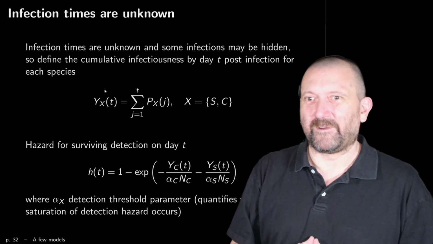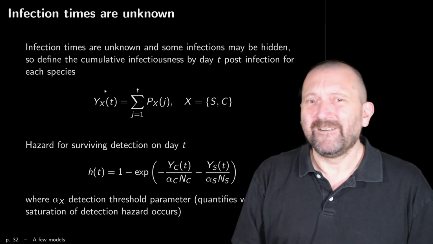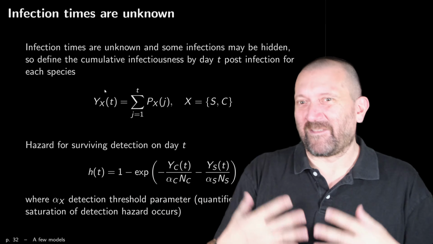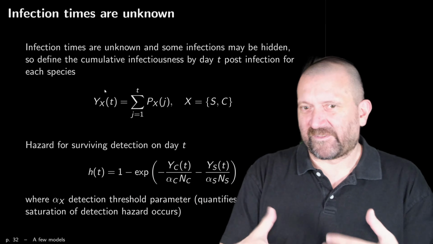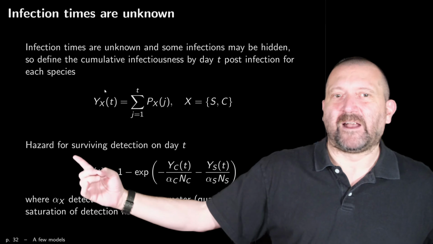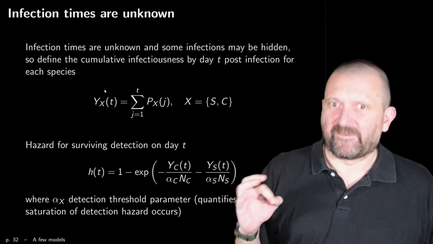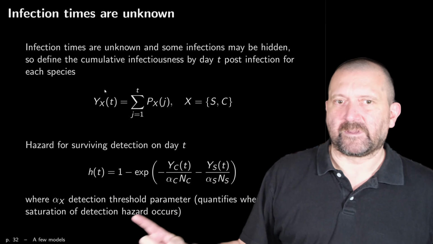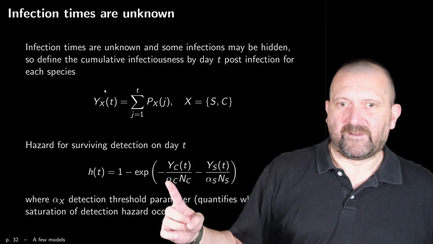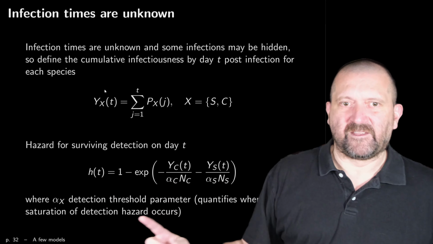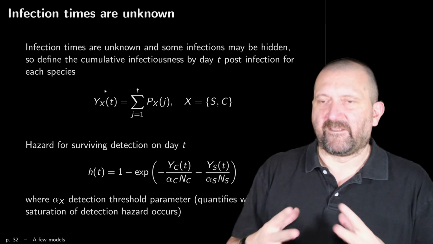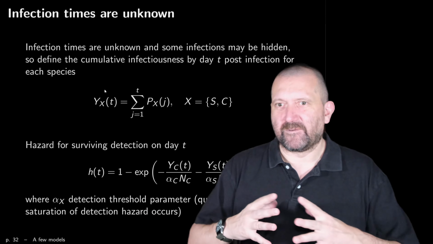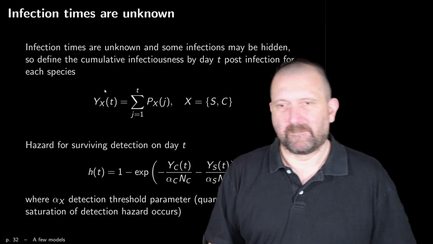I talked briefly about hazard function, I believe. What if I didn't? Hazard function is the instantaneous probability of something happening. Okay, so they have a hazard for surviving detection on a given day, and it is computed like so. Okay, and the alpha that comes in here is a detection threshold parameter, and it says when you saturate your detection.